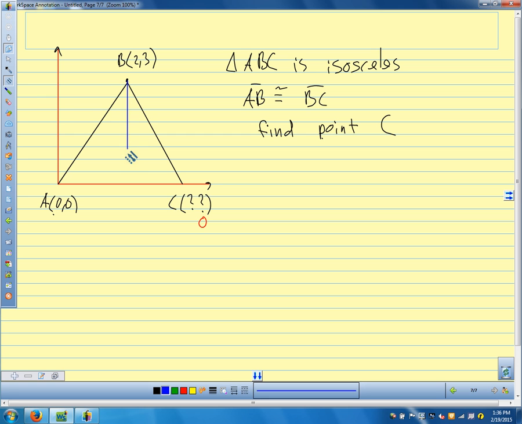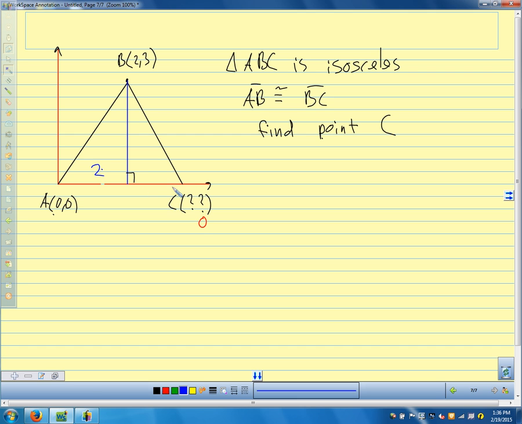If I drop that perpendicular bisector down, what does the perpendicular bisector do to the base of the isosceles triangle? Cuts it in half. So how far over have I gone to get here? 2. If this base is bisected, how far over do I have to get?